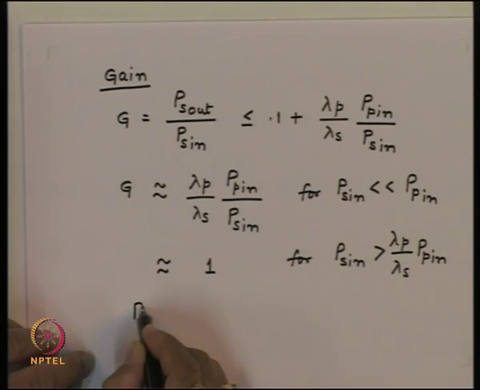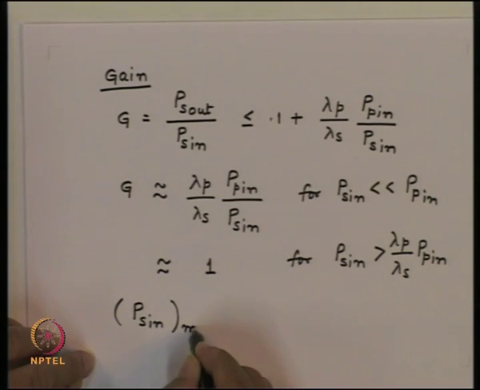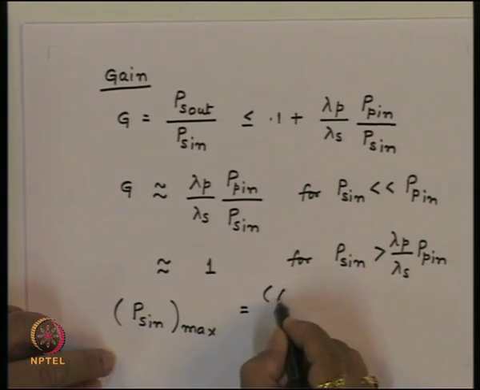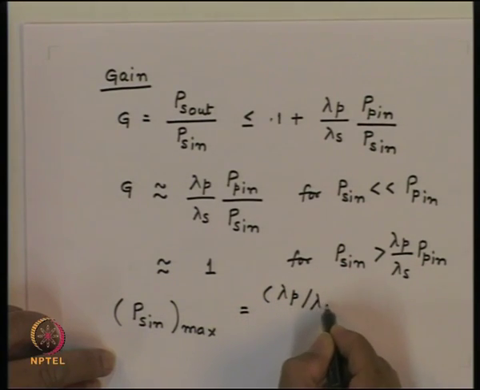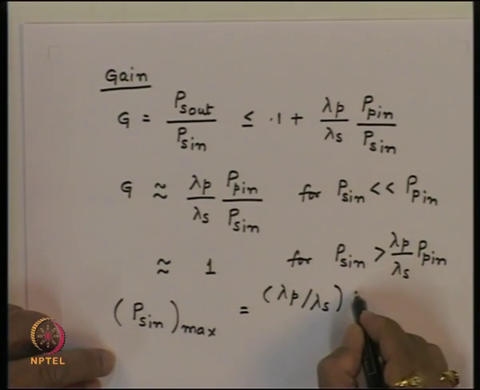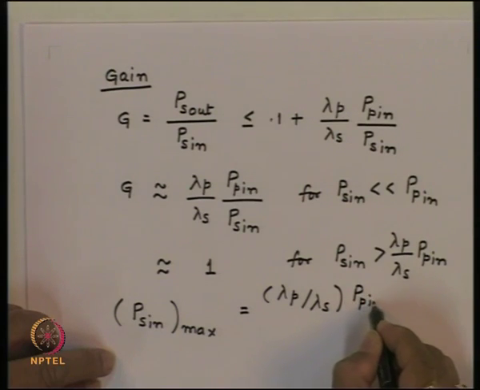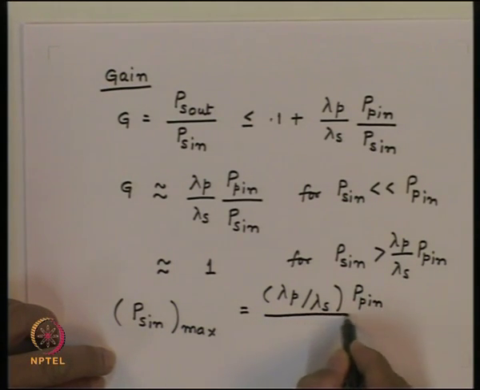So the maximum value of the signal power input is equal to lambda P upon lambda S times pump power divided by G minus 1.